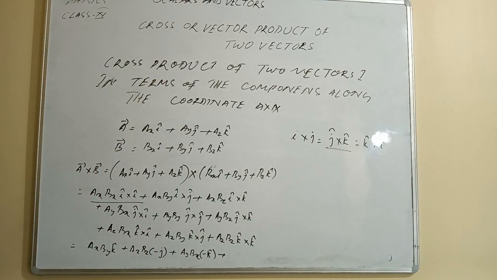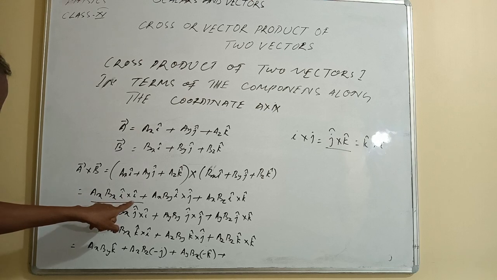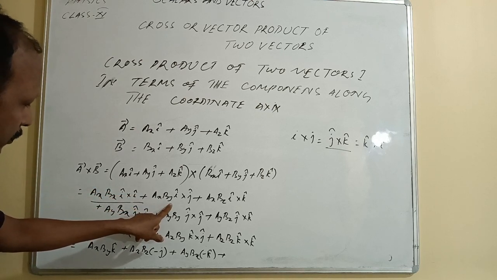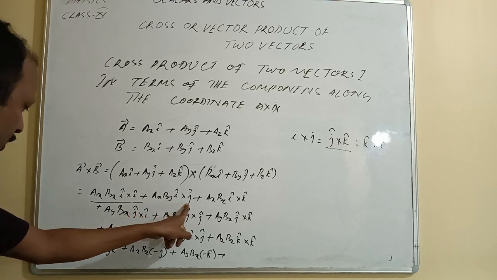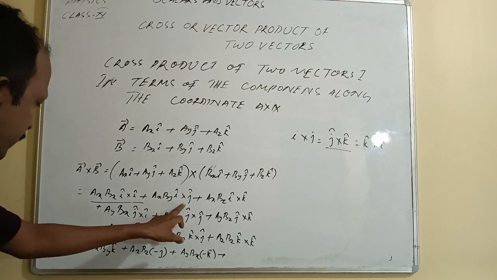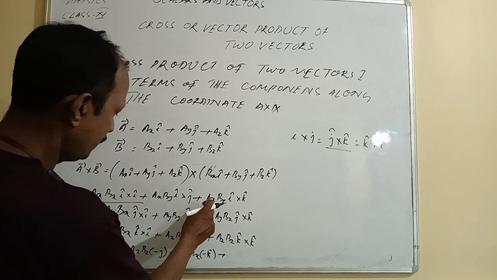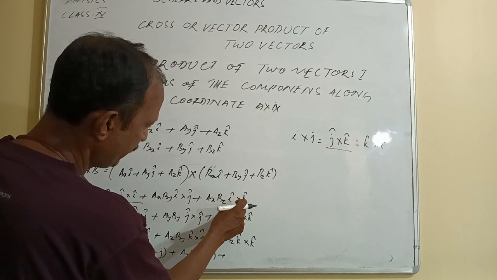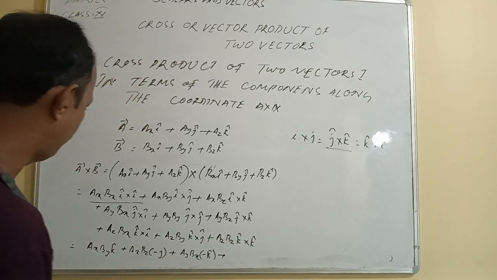Okay, so once again I want to check it. This is AX BX I cross I. This became 0. This is AX BY I cross J, so it became K. Then AX BZ I cross K. In place of I cross K, I am writing minus J. Okay, that matter finished.